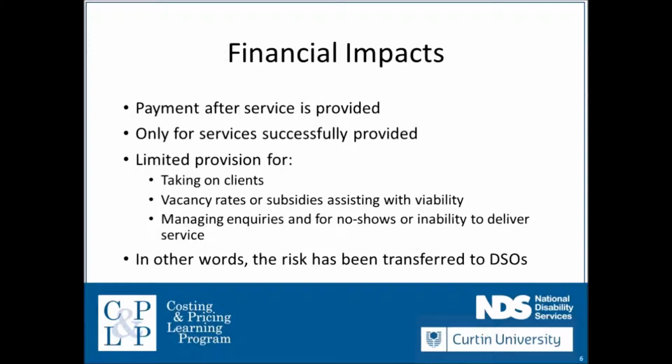So I think most people can see straight away that there are potential financial risks faced by a disability service organisation under the NDIS because of that need to ensure that you actually achieve all of your service delivery activity that you need to, so that you can recover the costs associated with operating your organisation. In other words, under the NDIS, quite a significant amount of financial risk has been transferred from the government to disability service providers.